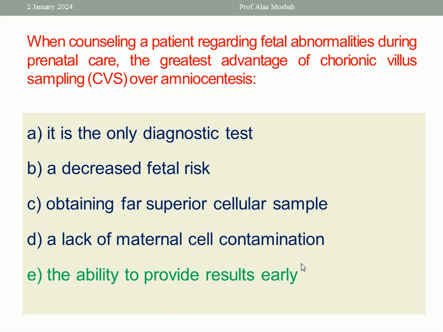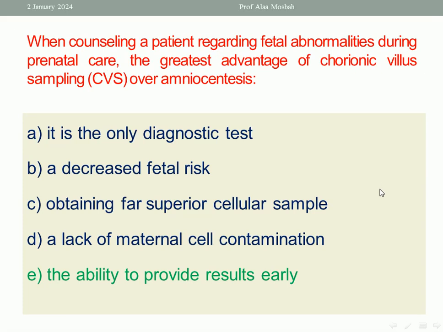So if you need a diagnostic test early for diagnosing of aneuploidy, of course, both amniocentesis and chorionic villus sampling are diagnostic tests. Both of them are diagnostic tests. That's why A is wrong.